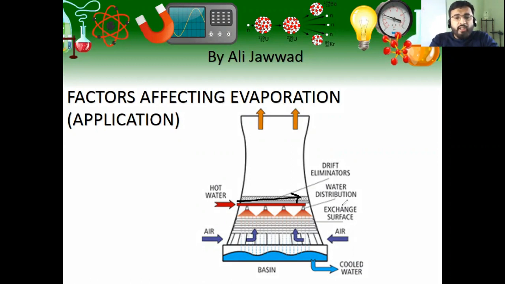And how do we achieve it? We achieve it with the help of this exchange surface. There are grooves and different structures made up of redwood or plastic, and the water is sprayed on them so that the water may get a higher surface area, and because of this high surface area the water will evaporate faster. The air draft is produced by installing a fan at this point in the cooling tower.